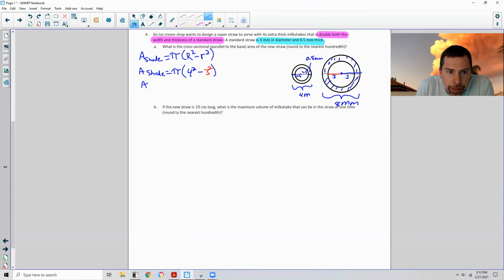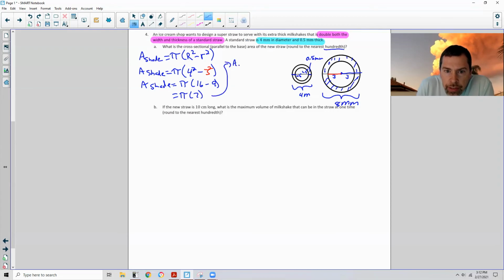Okay, so the area of the shaded region equals pi times 16 minus 9, which equals pi times 7, or 7 pi. So the area of the shaded region is 7 pi. Okay. It says round your answer to the nearest hundredth.